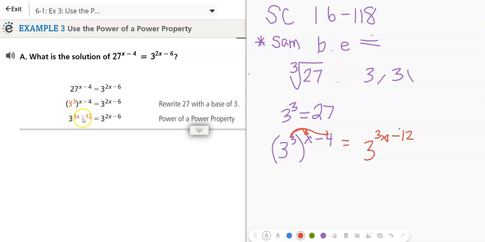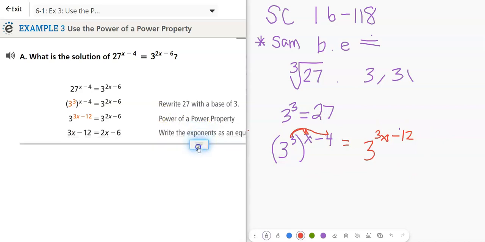That's how we get 3x minus 12. After we have done our power of a power property, the bases are the same. So I can cancel out the bases of 3, and I get the exponents equal to each other. So 3x minus 12 is the same as 2x minus 6. Now we have a normal problem that we can solve.